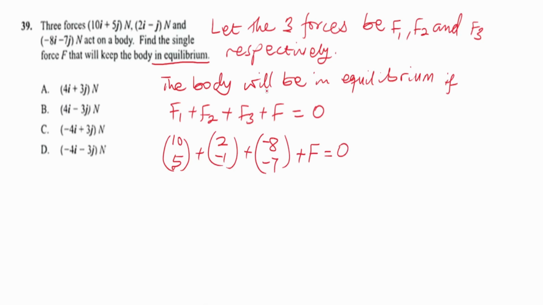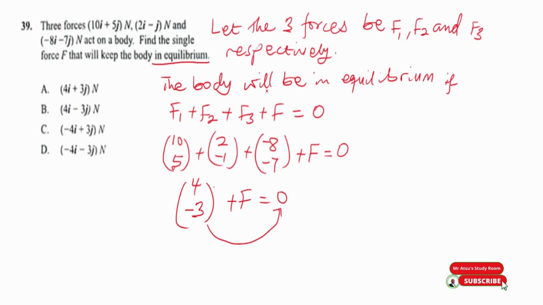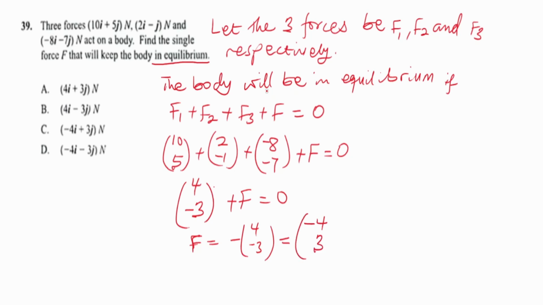First of all, 10 plus 2 is 12, minus 8 is 4. And then 5 minus 1 is 4, minus 7 is negative 3, plus F equals 0. When we move this to the right side, F now becomes (negative 4, negative 3) with a negative sign in front, which when we expand, negative 1 times 4 is negative 4, and negative 1 times negative 3 is positive 3.